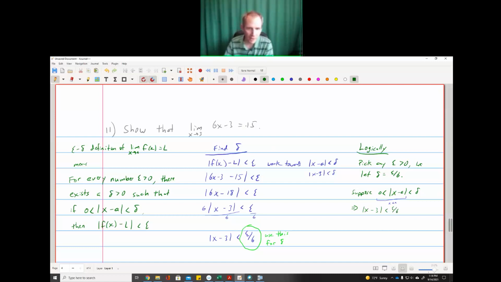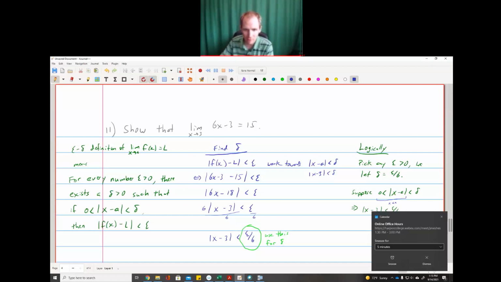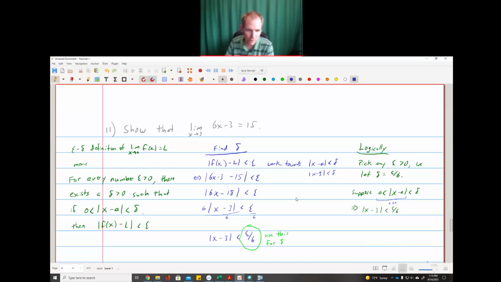Now, when we were finding delta, I did a lot of steps that are all logically equivalent. |f of x minus L| less than epsilon is the same as |6x minus 3 minus 15| less than epsilon, just because all I've done is substitutions. The second one is equivalent to the third, the third to the fourth, the fourth to the fifth.